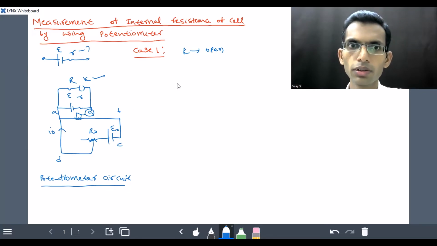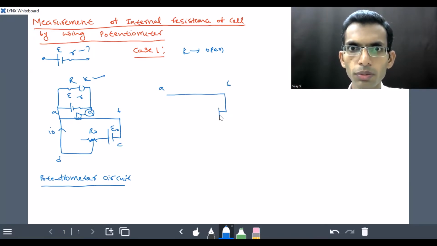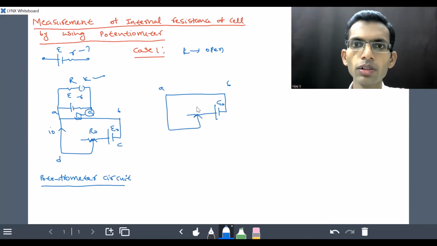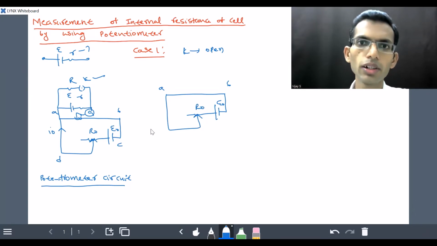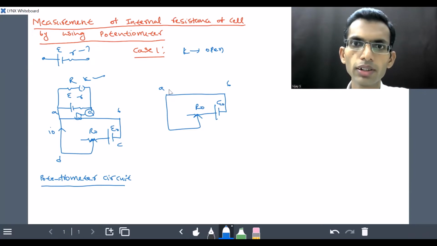So let me draw the circuit again for this case. So this is main circuit, wherein battery, rheostat, and wire AB are connected in series. This is called main circuit.